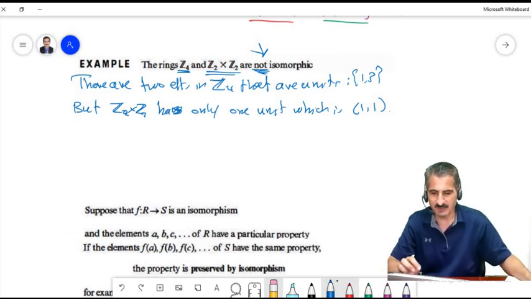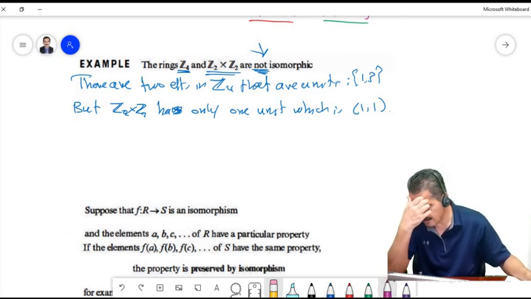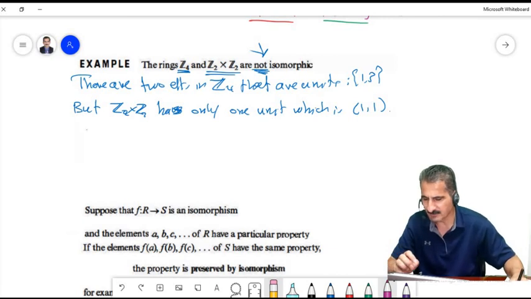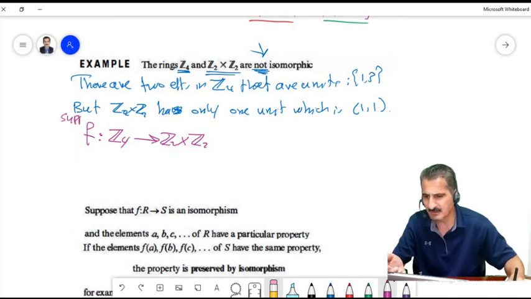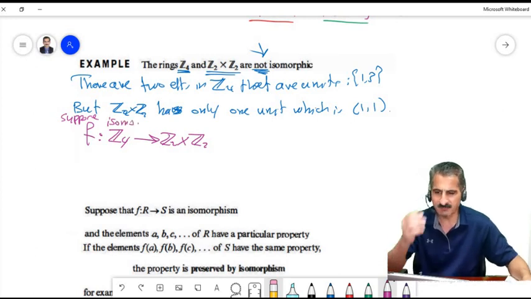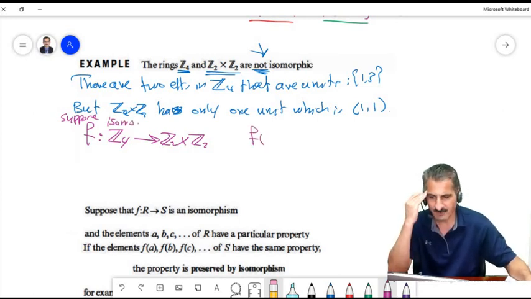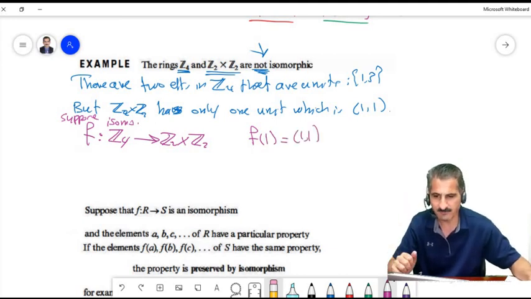Okay, in the book I remember it says if we have a function f from Z4 to Z2 cross Z2, say suppose this is an isomorphism, then it must take 1, the identity, to the identity, right? 1-to-1. Good. And also it must take 0 to 0, which is the (0, 0) in Z2 cross Z2.